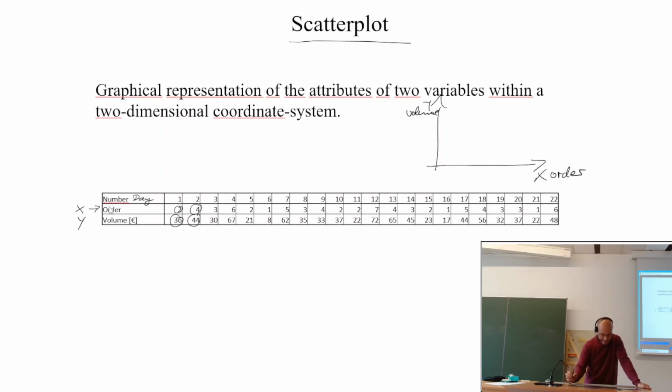If we take the first data point, 2 orders, and maybe 10, 20, 30, 40, this would be a data point just here at 36, and the other one would be 4 orders with maybe 44. Of course, you have to do this with all your data points. And for this, I recommend that you use some software package.